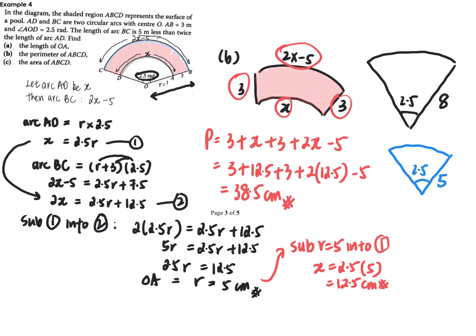Okay, last part. If I were to remove this blue sector from the black one, then I can get the red one. So assuming this is the blue one, to get the red area, I have to use big sector minus the small one.